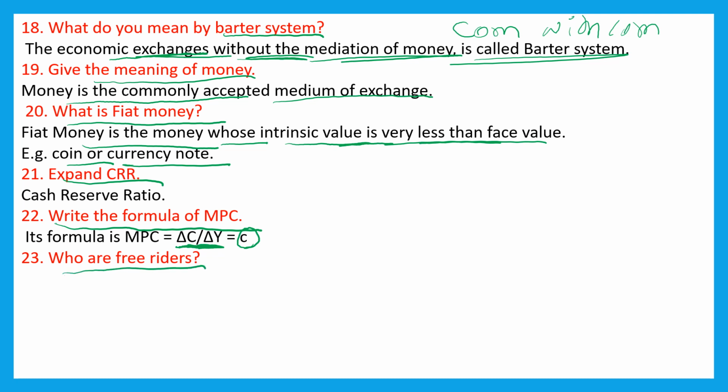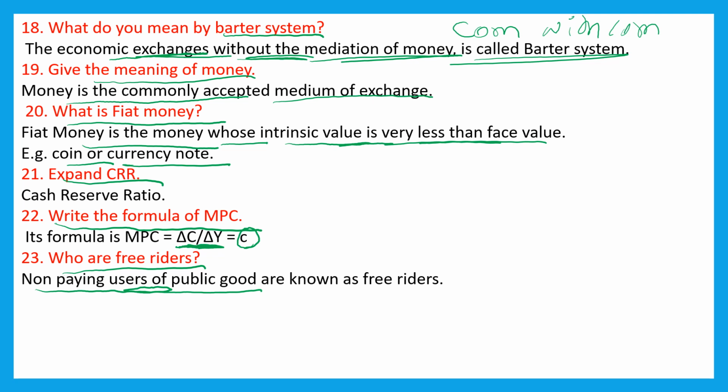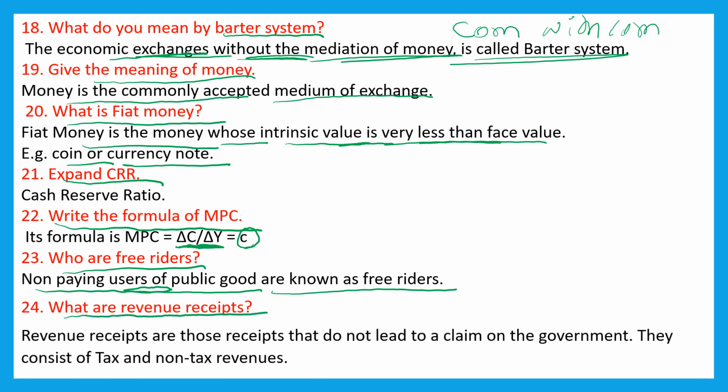Who are free riders? Non-paying users of public goods are known as free riders. What are revenue receipts? Revenue receipts are those receipts that do not lead to claim on government.